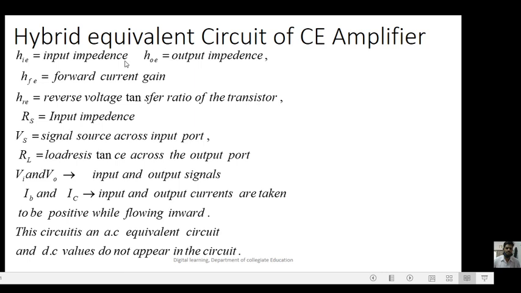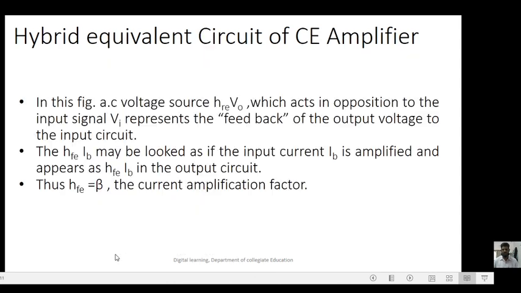HIE is the input resistance, HOE is the output impedance, HFE is the forward current gain, HRE indicates the reverse voltage transfer ratio of the transistor, RS input impedance, VS signal source across input port, RL is the load resistance across the output port, Vi and V0 input and output signals, IB and IC input and output currents are taken to be positive while flowing inward. This is an AC equivalent circuit and DC values do not appear in the circuit.